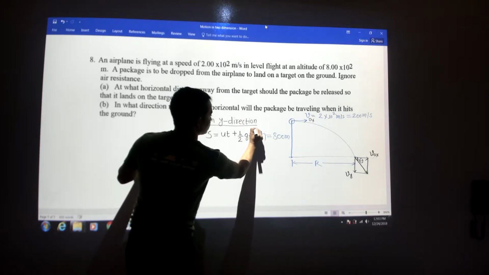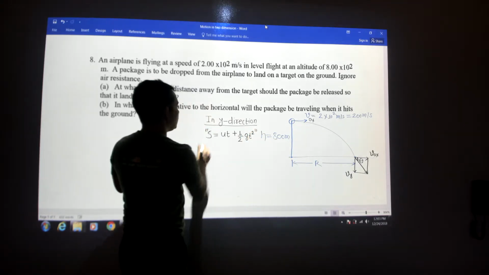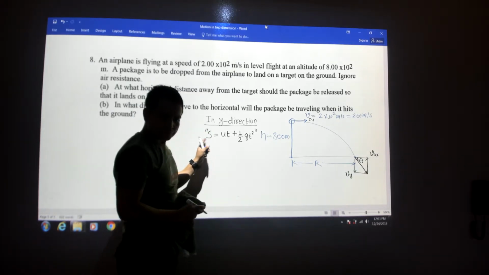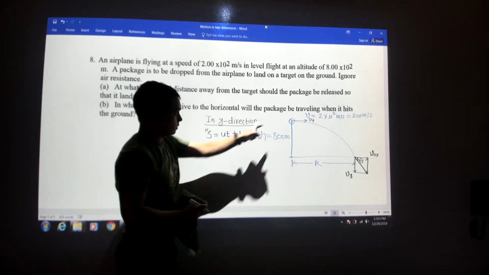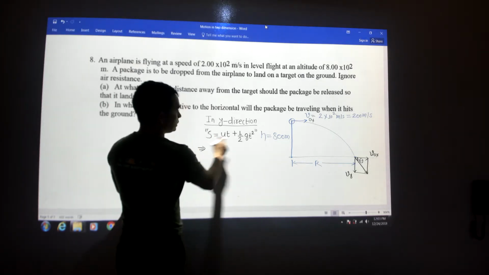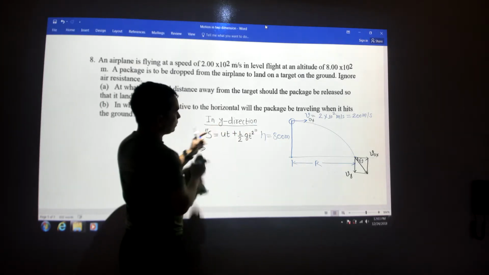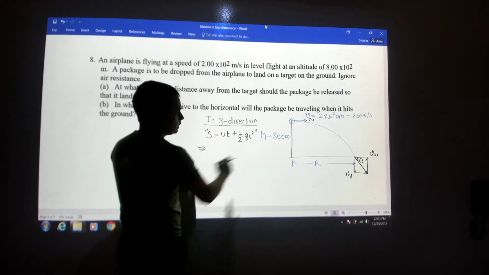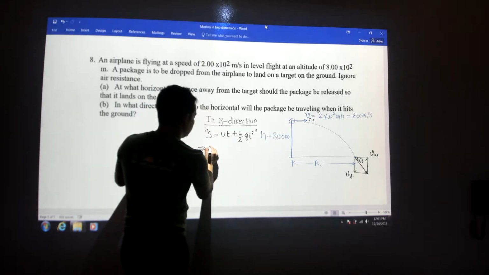I'm using this formula because I'm given the vertical distance. Remember, this is along the y direction, so this distance is 800 meter.